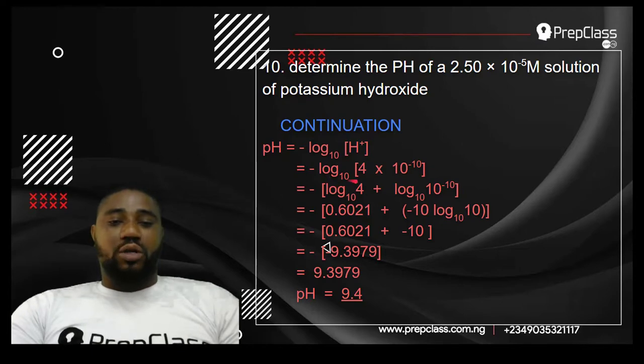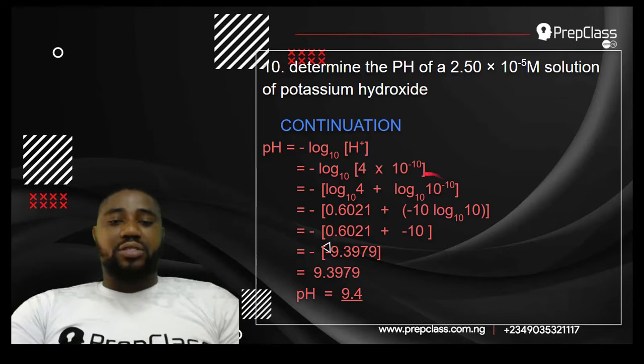So that's minus log 10 bracket 4 times 10 raised to the power minus 10 equals minus log 10 of 4. This multiplication becomes plus log 10 raised to the power minus 10. So minus, if you use your 4-figure table, or your calculator, whichever one, logarithm of 4 will give you 0.6021 plus log 10.